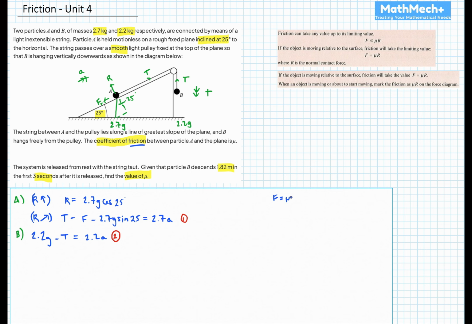But I just want to show it so you can see it clearly in a lesson. And we'll have a quick look at rearranging this. So F is equal to mu R. Of course, R is our magnitude of the normal or contact force.